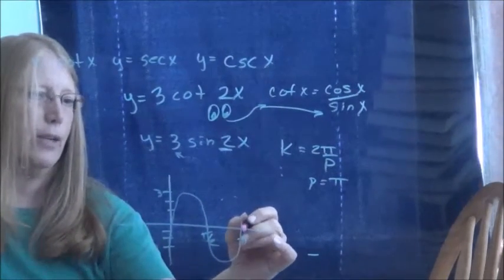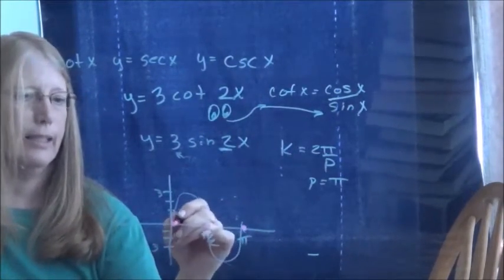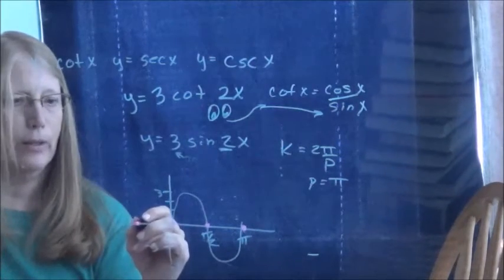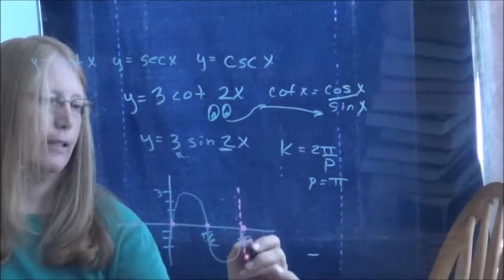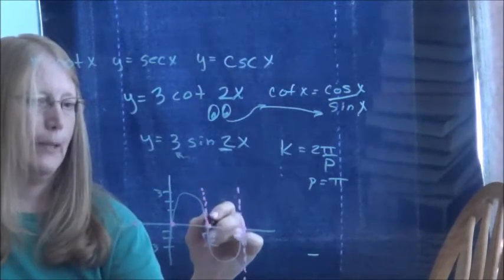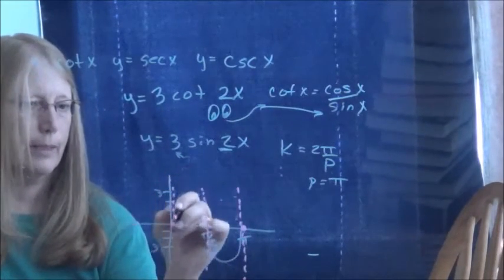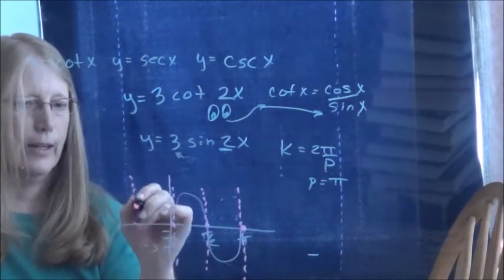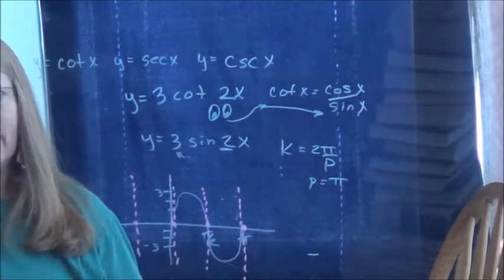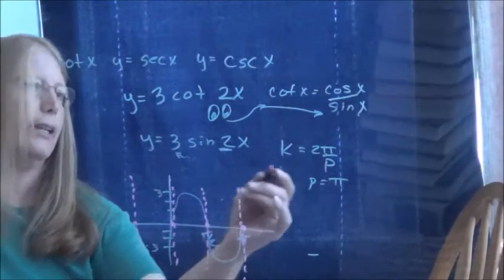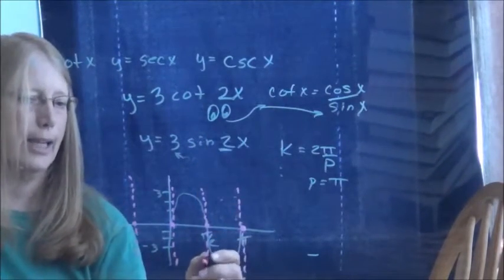So wherever they cross the x-axis is an asymptote, and they go on forever. And we will graph this piece up forever. And here's our asymptotes. And we're going to graph the function now, recalling that cotangents are backward snakes.